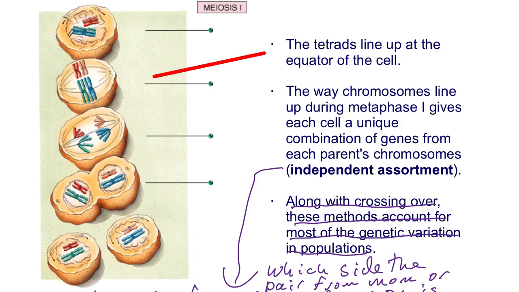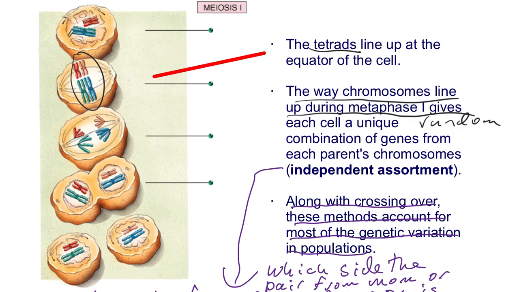At metaphase 1, the chromosomes line up randomly at the metaphase plate. Actually, the tetrads line up, but recombination has stopped by now. Remember, crossover only occurs during prophase. Now, they're trying to make an important point here. The way the chromosomes line up during metaphase 1 is random.